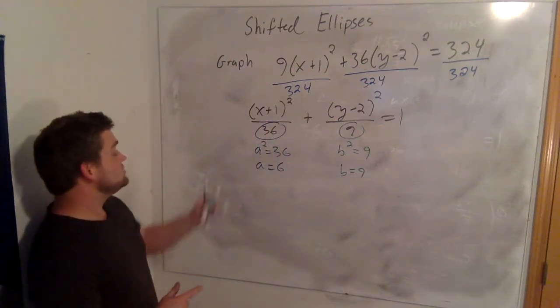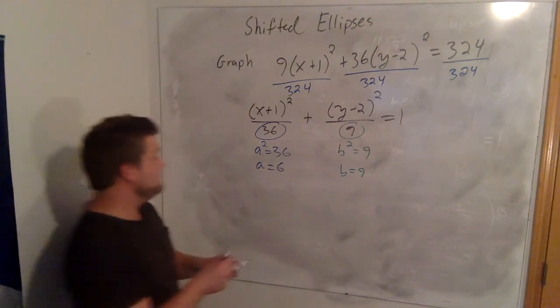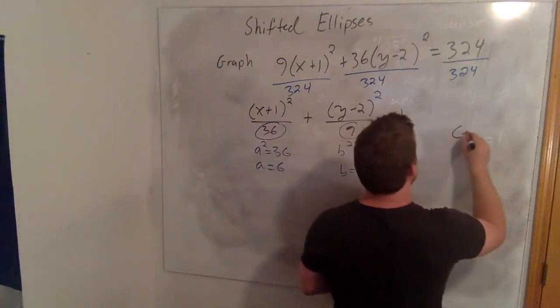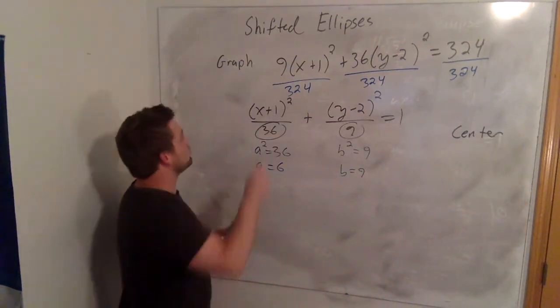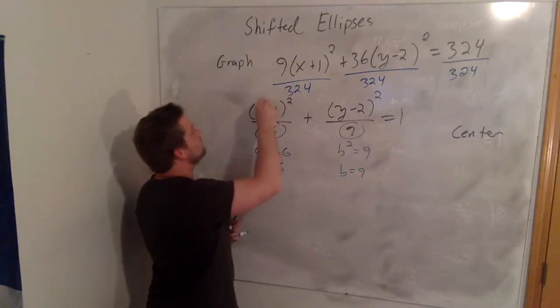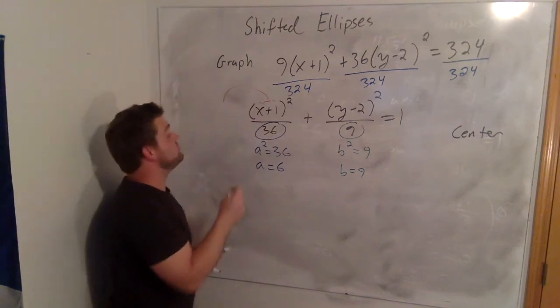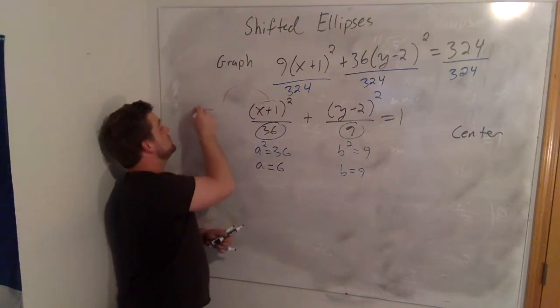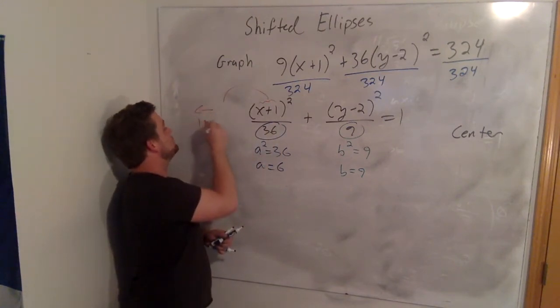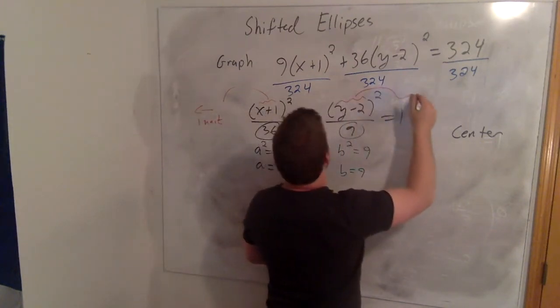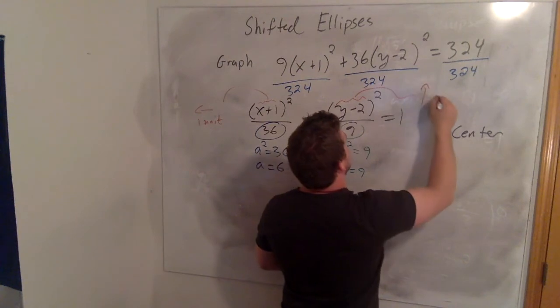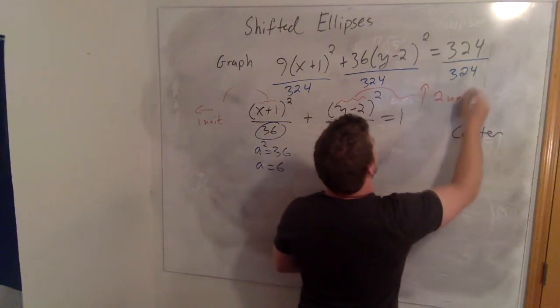Okay, now let's think about where the center of our ellipse will be. Since we're adding 1 to x, this is going to shift the ellipse to the left 1 unit. And since we're subtracting 2 from y, this is going to shift the graph up 2 units.